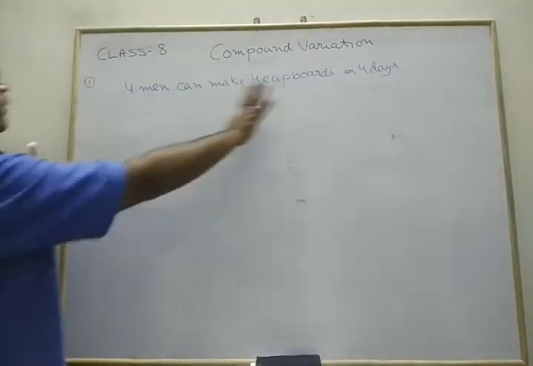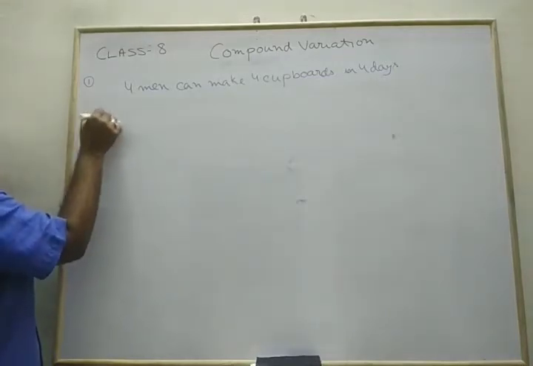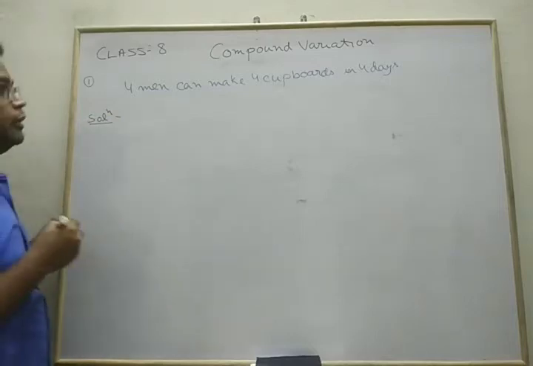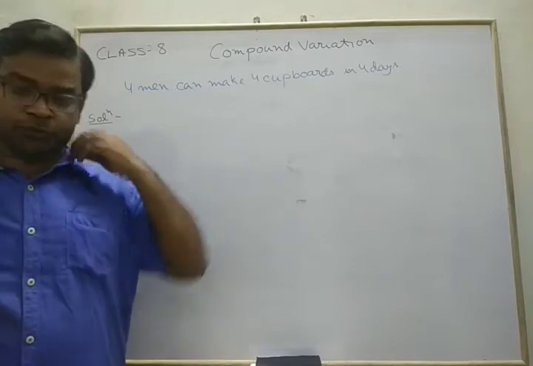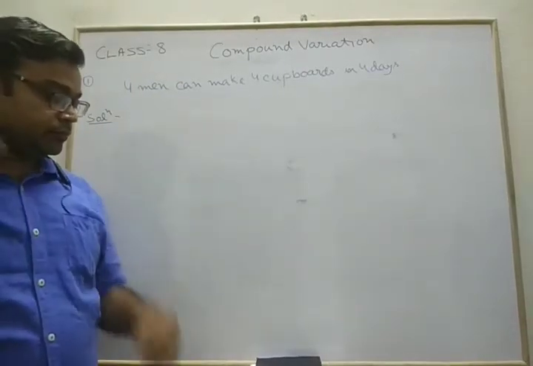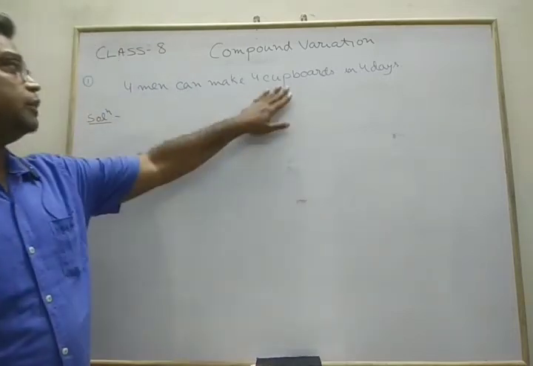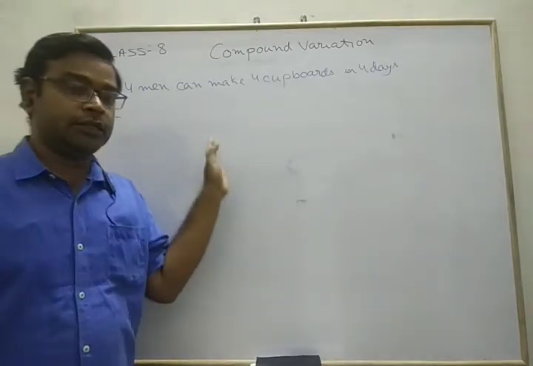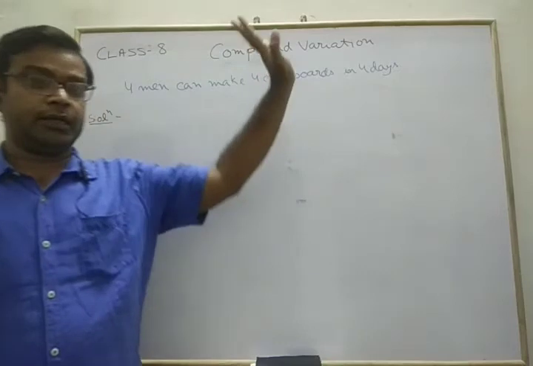So this is the given part. I will start the solution from this side with black ink so that we can easily understand. First, see what the question asks you. It asks how many cupboards. In the statement we arrange it such that the asked part must come at last.